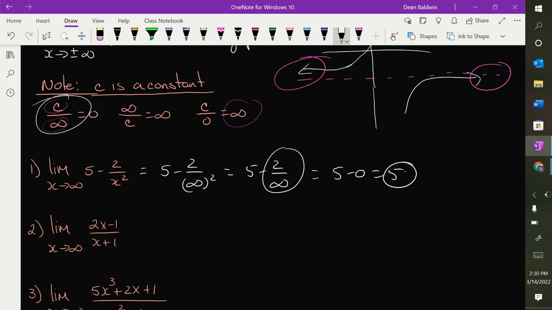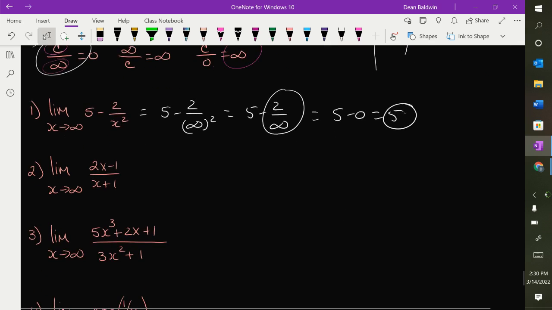Now, they get a little trickier than that. Limit as x goes to infinity of 2x minus 1 over x plus 1. So here is the proper math way to do it, and then we'll talk about what we did in math 12. You look for the highest exponent on your variable. In this case, it's 1. What you do is you multiply top and bottom by the reciprocal of that.